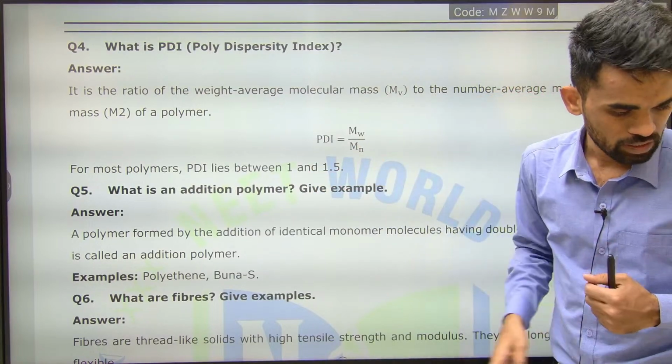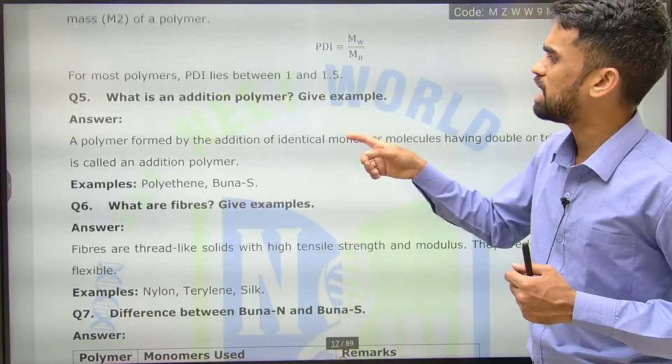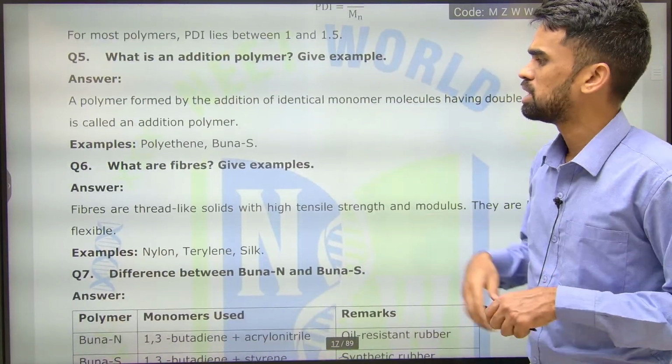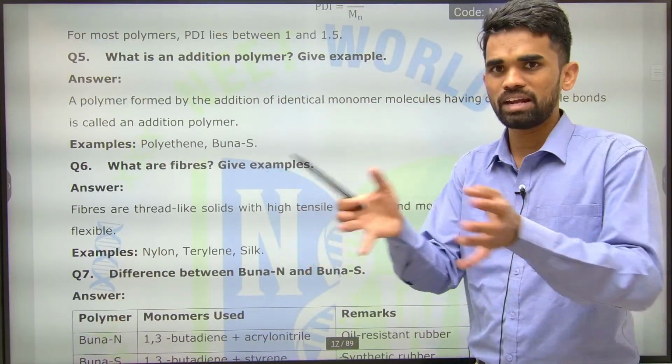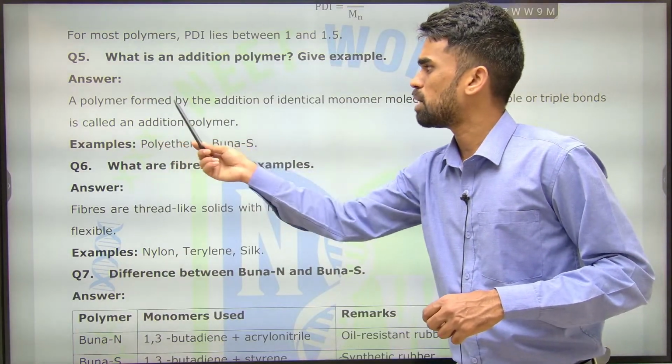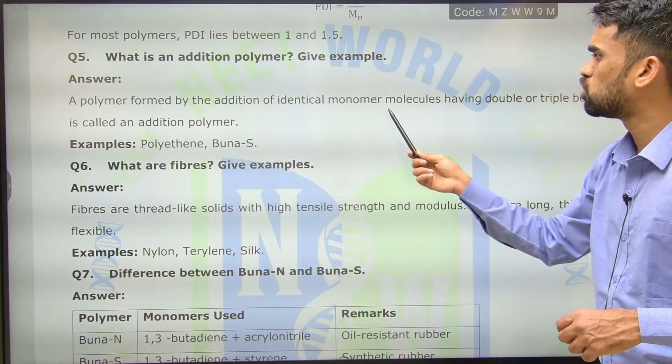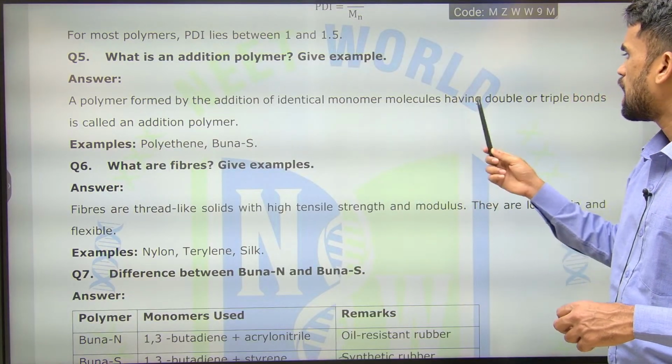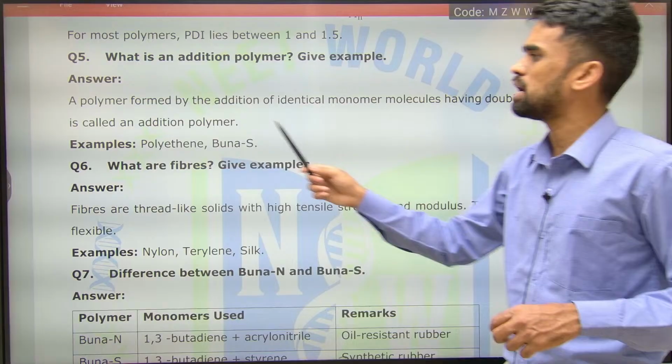The next one: what is an addition polymer? Give one example. An addition polymer is formed by adding monomeric units together. A polymer formed by the addition of identical monomer molecules having double or triple bonds is called an addition polymer.